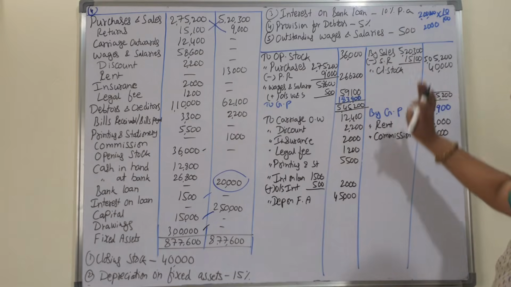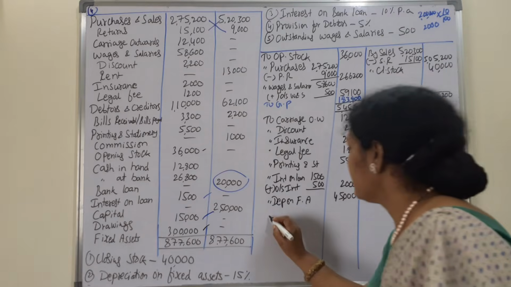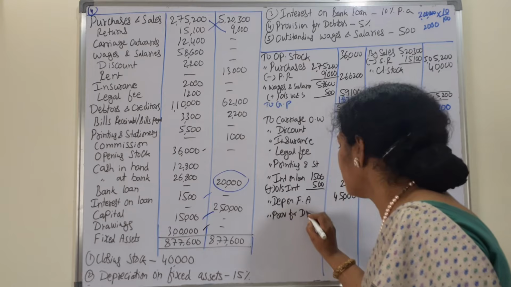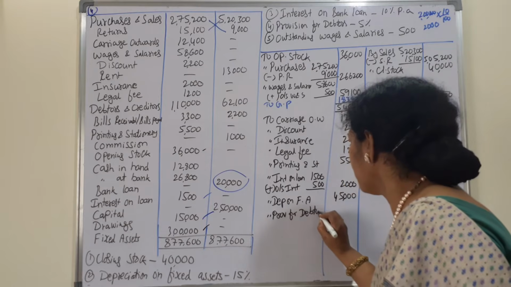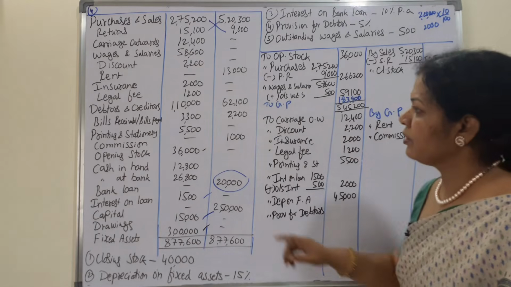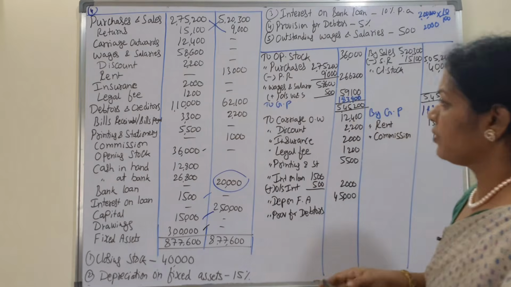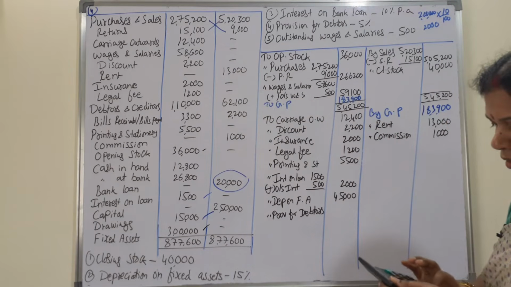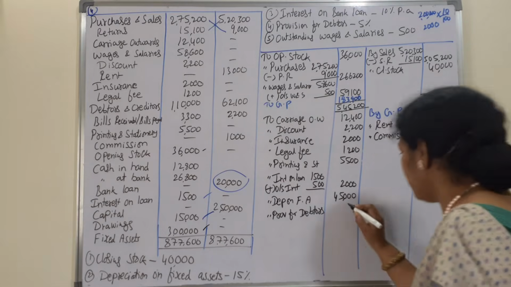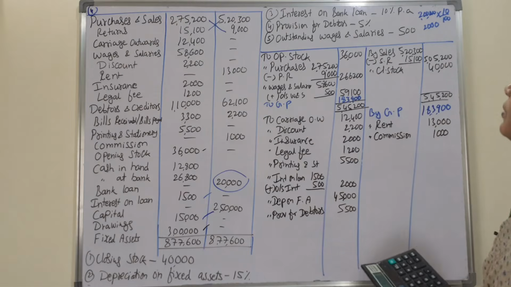Interest on bank loan we have already taken. Provision for debtors, 5%. Debtors are here, 1,10,000 into 5%, that is 5,500.